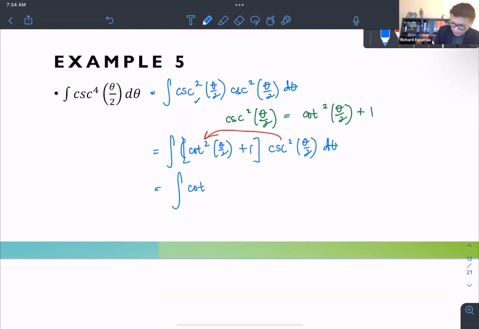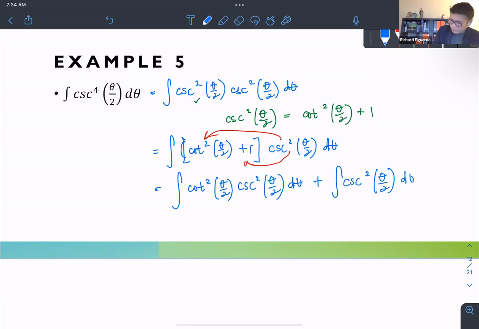So that is cotangent squared theta over 2 multiplied with cosecant squared theta over 2 d theta. And the last one, we distribute this one here. So plus the integral of cosecant squared theta over 2 d theta.